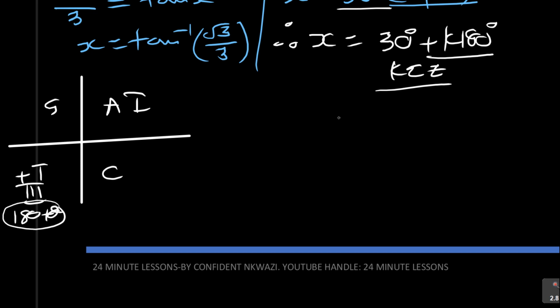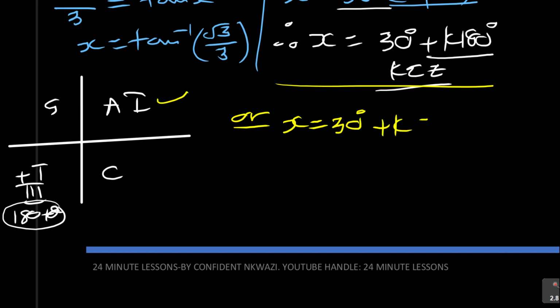And then when you're writing your answer, for the first quadrant, x is 30 degrees plus k 360 degrees, k is an element of Z. That's the first one.